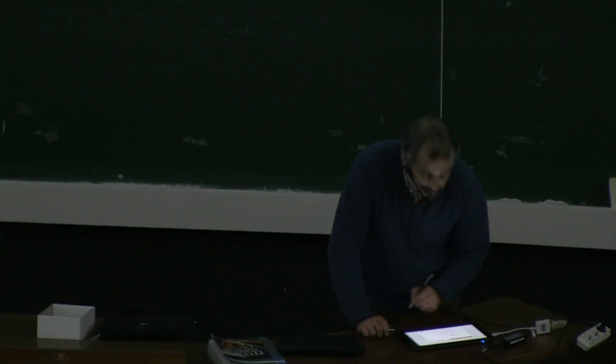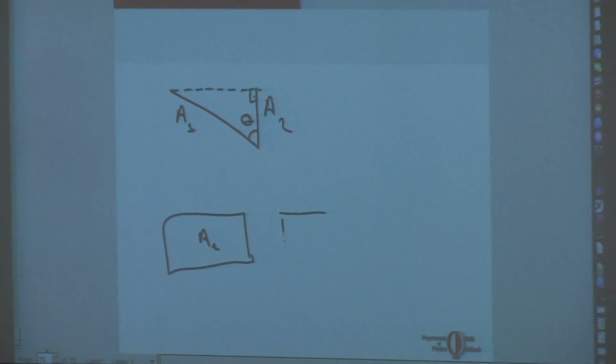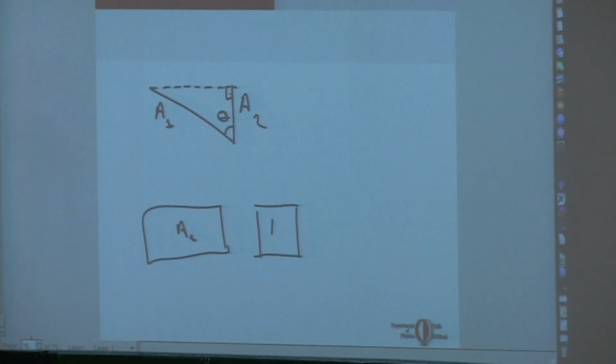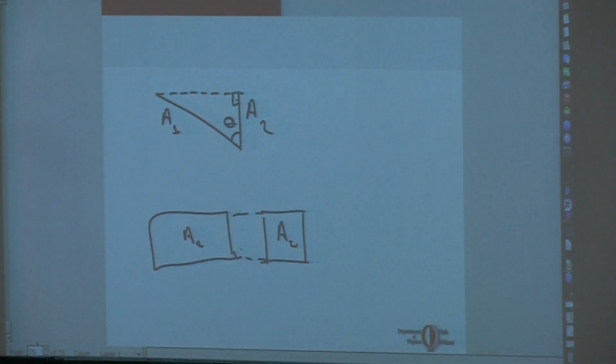If this angle is theta, now this is, let's say, A1, this is A2. A1 has this shape. A2 has this shape. These sides are equal. So if this has length A, this also has length A. Now this is length B, this is length C, let's say.